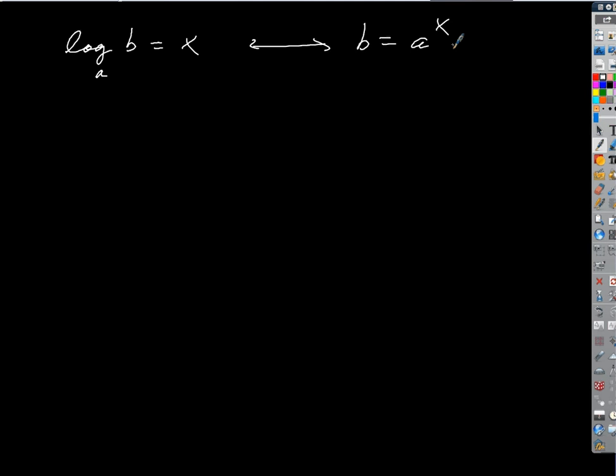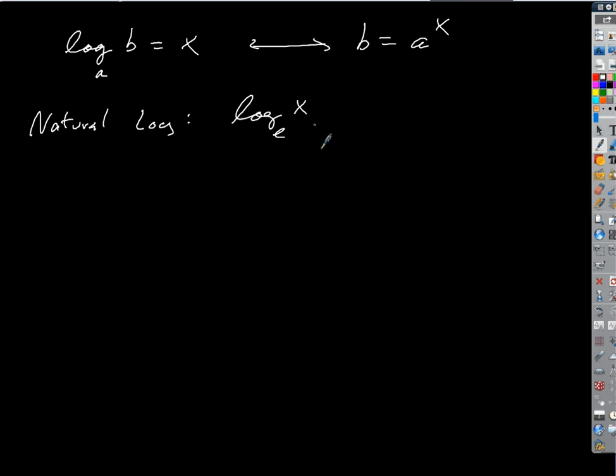So we've got some properties of this. Just to simplify things, we're going to focus on the natural log. What is a natural log, by the way? It's base E. A natural log is just a base E log of something.